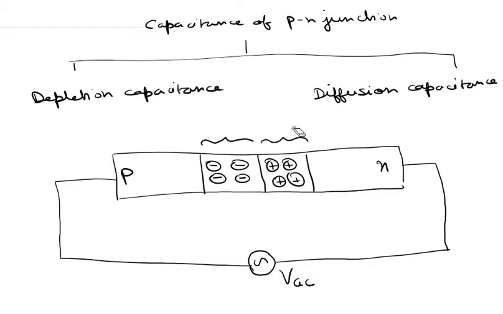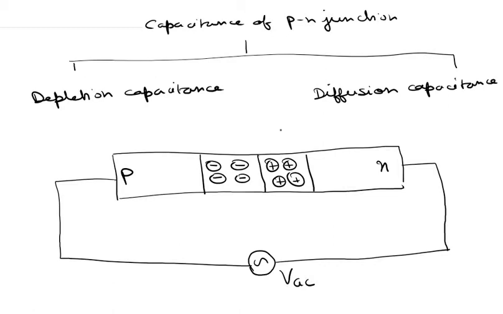For example, during the positive half cycle when the diode is actually in forward bias, the magnitude of the depletion charge would decrease. Then again, when the diode goes to reverse bias, the magnitude of the depletion charge would increase. And then again, when the diode goes to forward bias, the magnitude of the depletion charge would decrease.